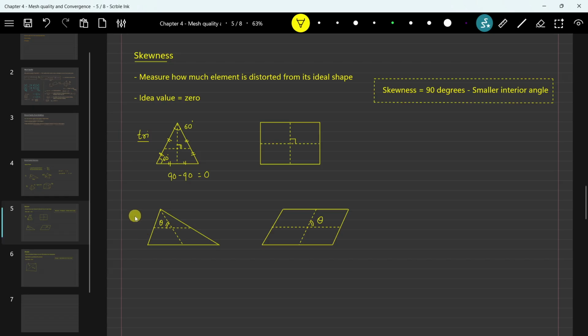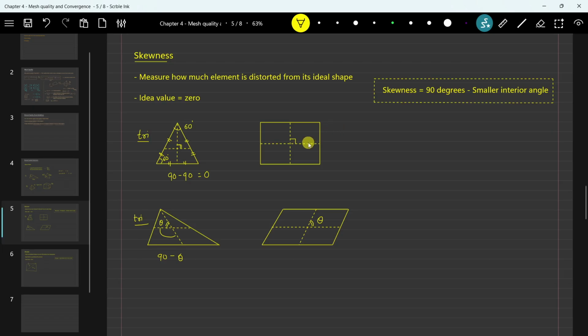If we take a skewed tria element, the skewness is 90 minus the smaller interior angle. This is the bigger and this is the smaller interior angle, so we should take this one. So 90 minus theta is the skewness of the tria. The same goes with a quadrilateral element.